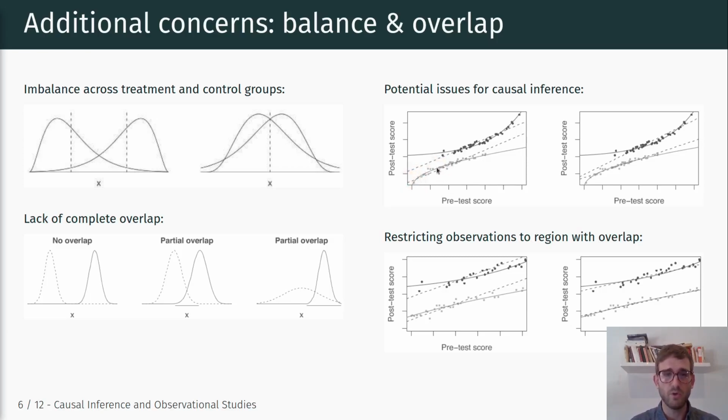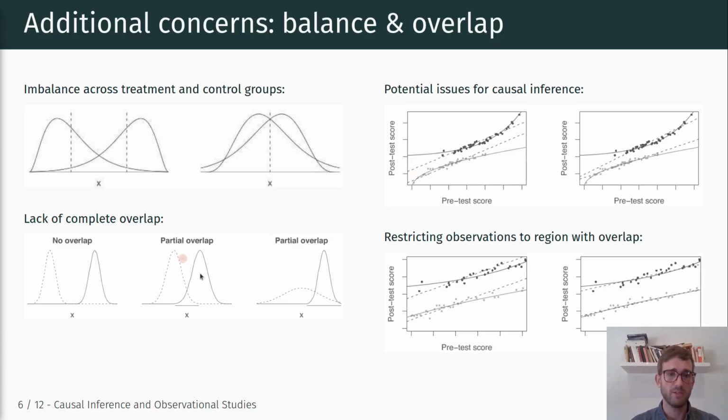Okay, so the gray dots here are control group observations. The darker dots are treatment group observations. So if we look at the lower range of pre-test scores, we see very few or no observations that actually were assigned to the treatment group, right?